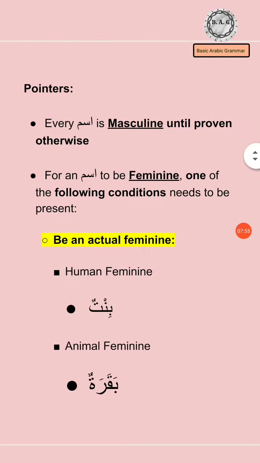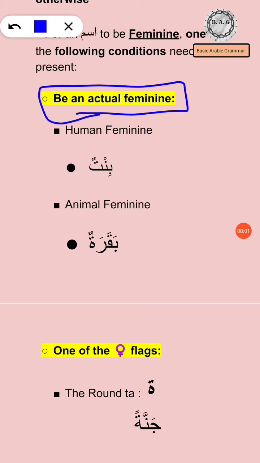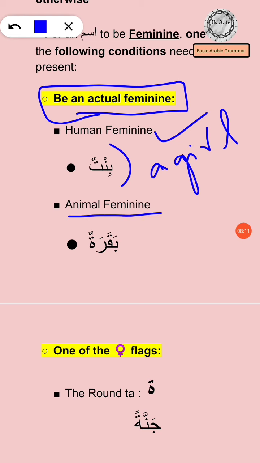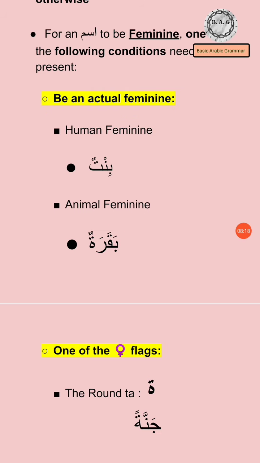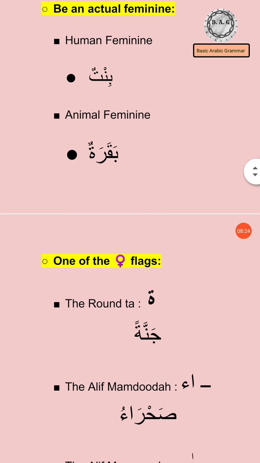The first condition is that it should obviously be an actual female, so a human female, such as bintun, which means a girl or a daughter. Similarly, it could be an animal female, for example baqaratun, a cow. This is pretty much straightforward, and we determine this by the dictionary meanings, obviously. So we have covered the first point.